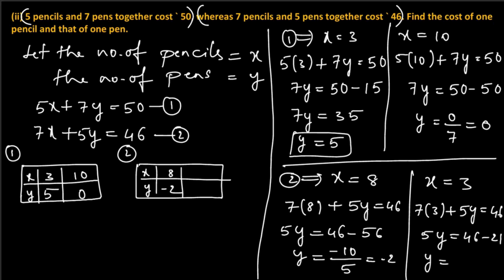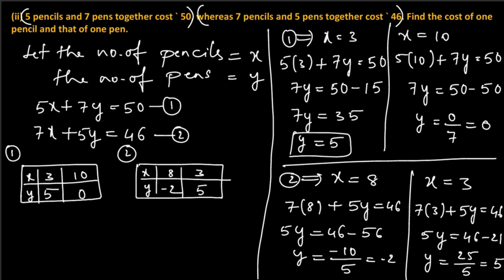So y is equal to 35 divided by 5, where y is equal to 7. Sorry, 25. 25 divided by 5, which is equal to 5. So when x is equal to 3, y will be 5 in the second equation.